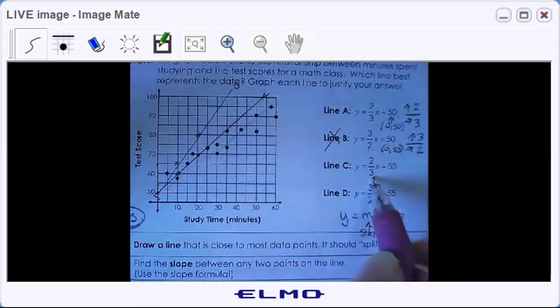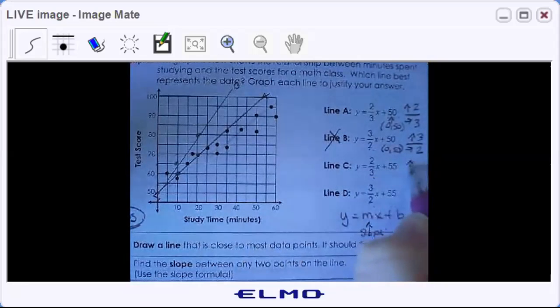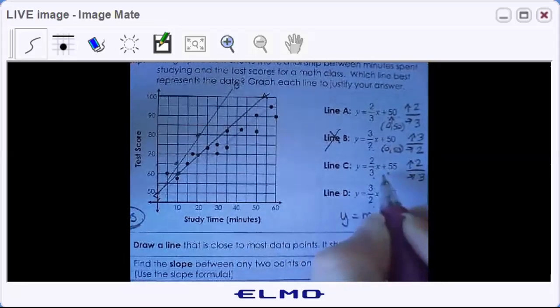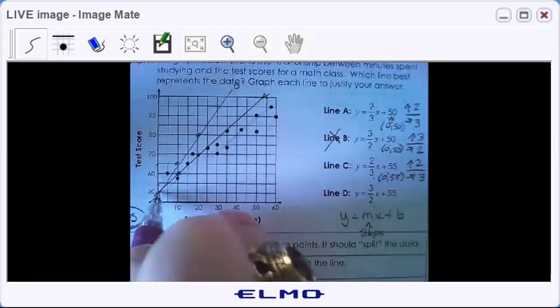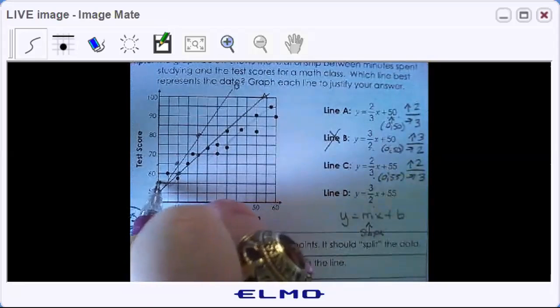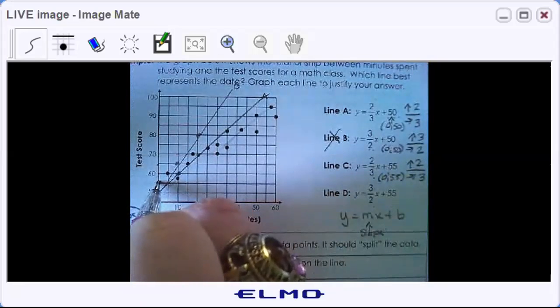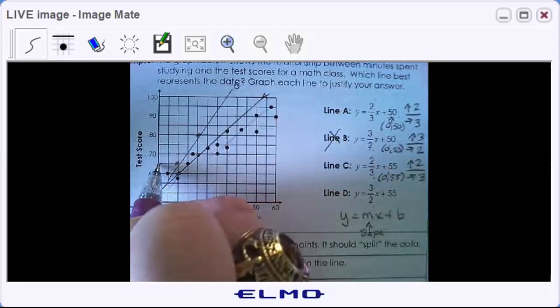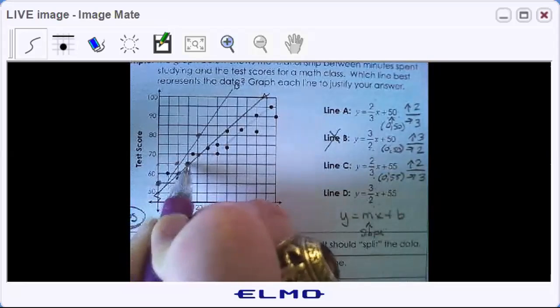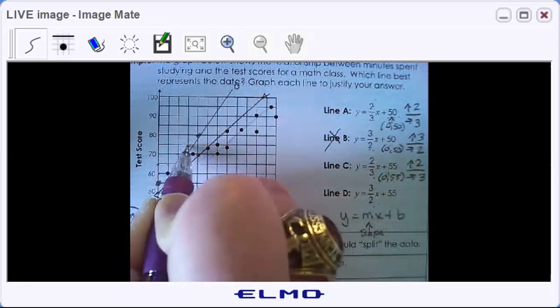The next one has a slope of 2/3, which means up 2 and right 3. But this time my y-intercept is at 55 instead of 50. So that means I'm going to start from the point 0 and 55. Well, 0 and 55 is here. Now we're gonna count out our slope. Up 2, right 3. Up 2, right 3.